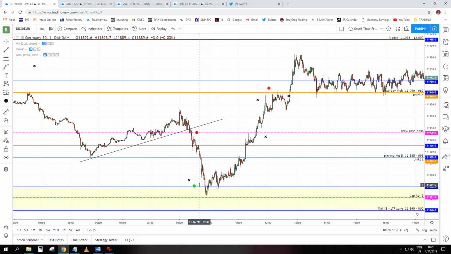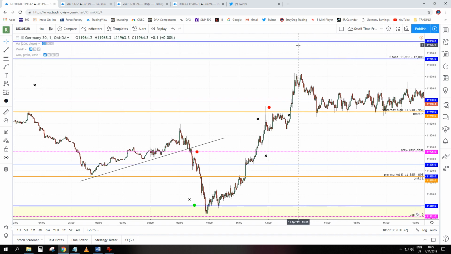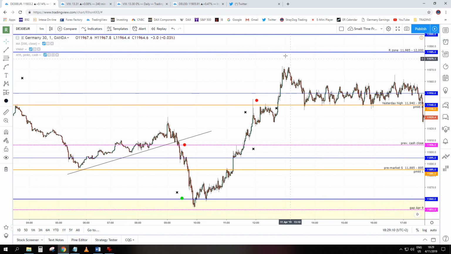Because if this could be the low of the day, then the move from here to here is not a full move. It could go higher, and it did, but again we didn't get a test of this resistance zone near 12k that would produce something for us. They died here at 972 for some reason.